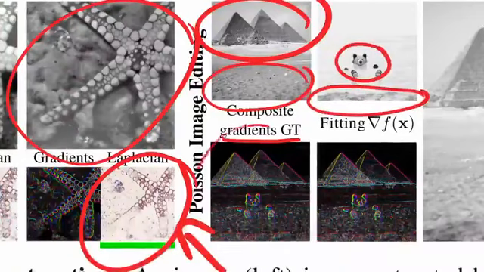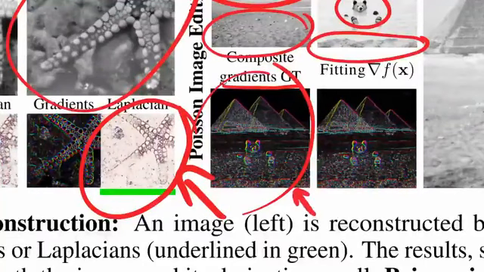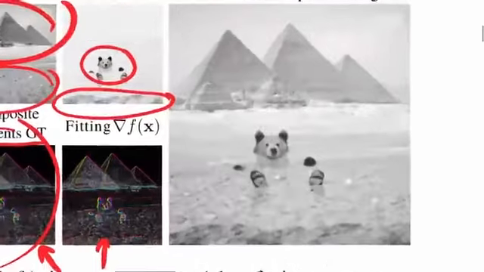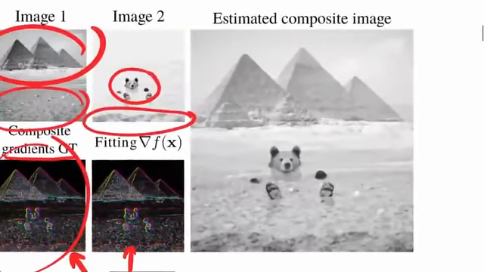Here you can see the composite gradient. And if we fit our function such that the gradient of the function matches this mixed gradient right here, then this is the gradient of the function that we match, and this is the actual function. And you can see, pretty good, right?